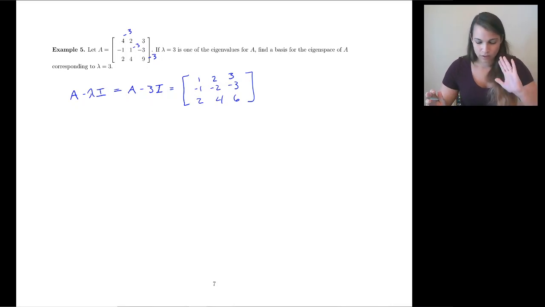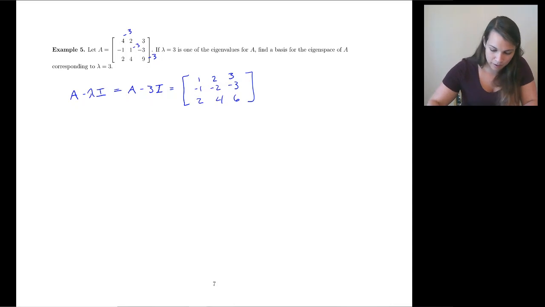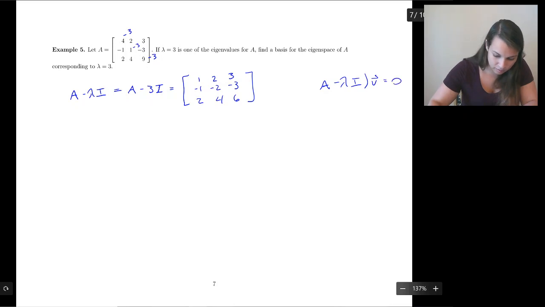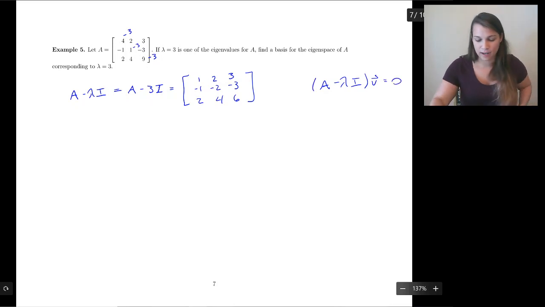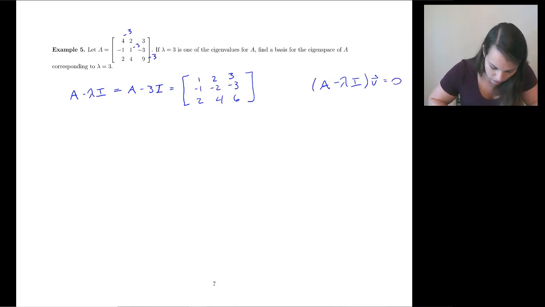Okay. So now to find the eigenvector, remember we're trying to solve this. To find the eigenvector, I need to make this a homogeneous system. So here's our augmented matrix.